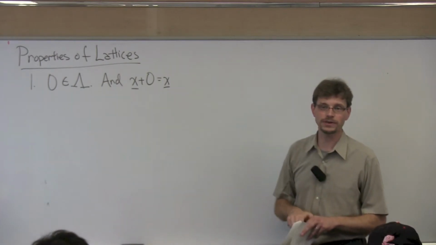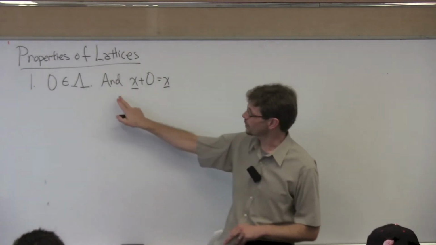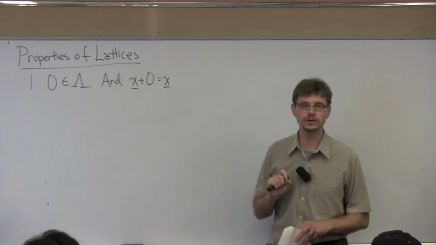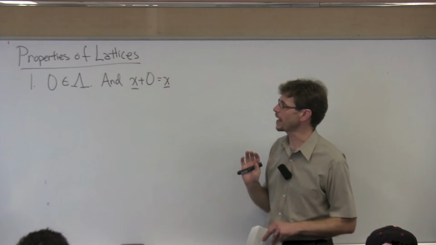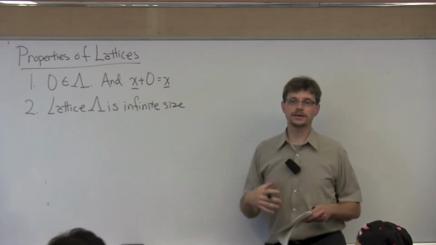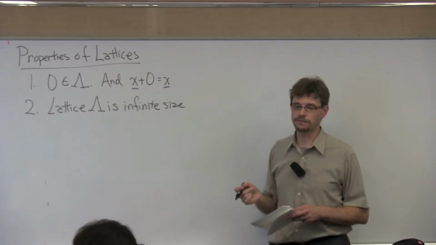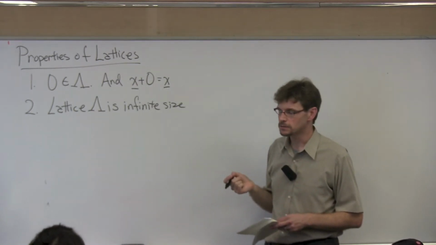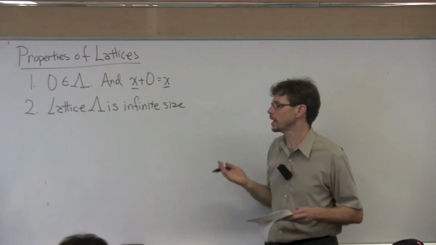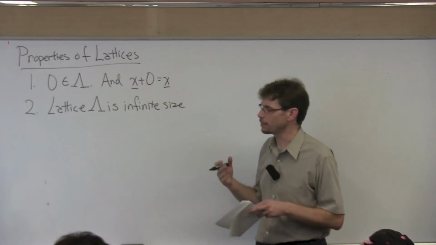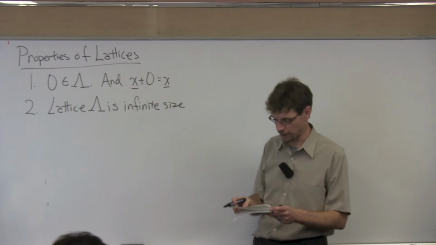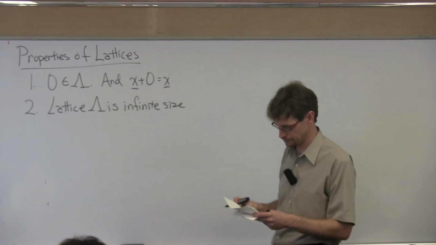I'm going to list some properties of lattices. The first one is that the origin, the all zeros vector, is always a lattice point. Because the lattice consists of integral combinations of the generator vectors, and there's no limit on the number of integers, that means the lattice is similarly infinite. There's no limit on the size of the lattice.